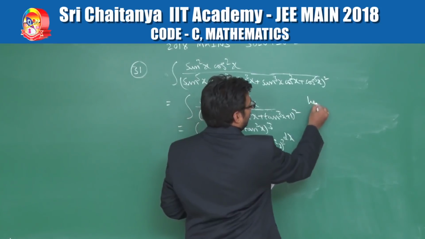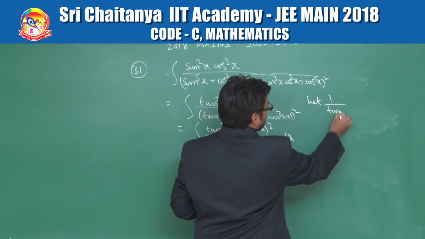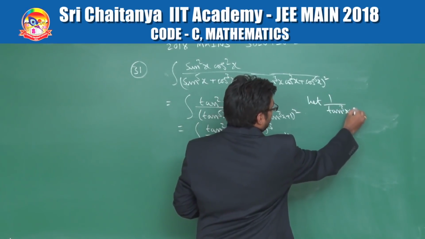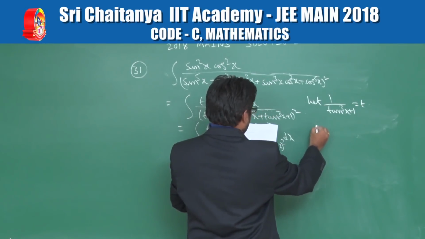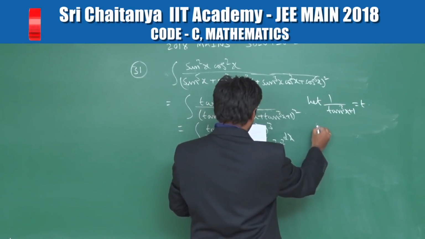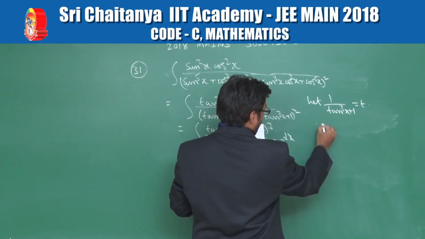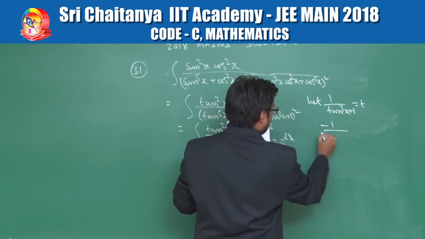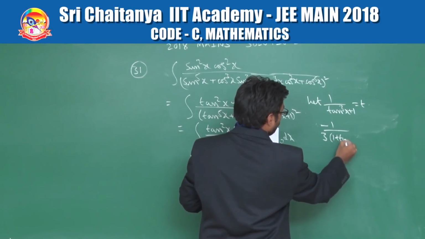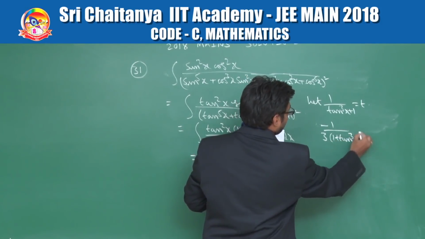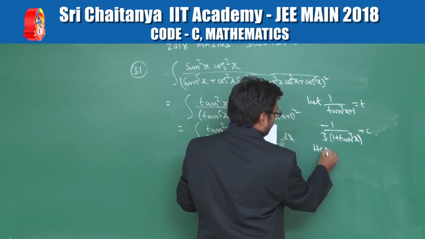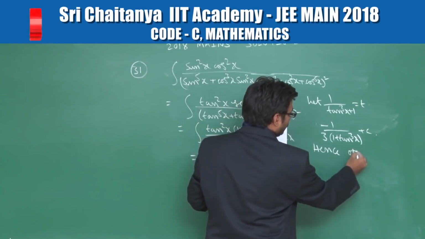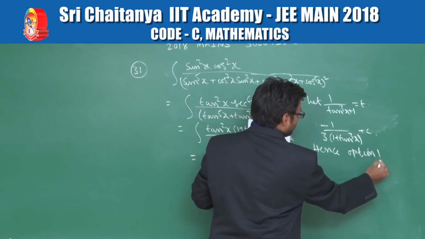Let 1 by (tan cube x plus 1) is equal to t, then you will get the integration value after simplification as minus 1 by 3 into (1 plus tan cube x) plus c. So hence option 1 is the correct answer.